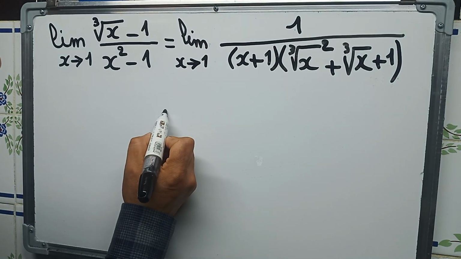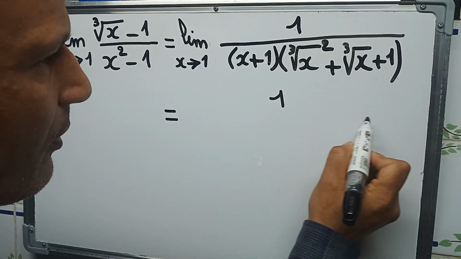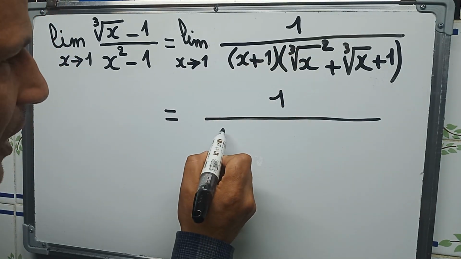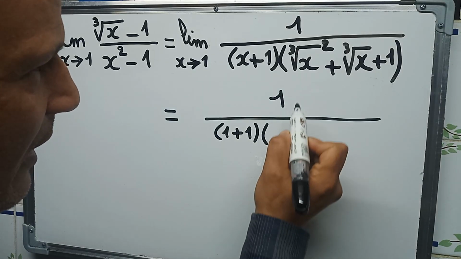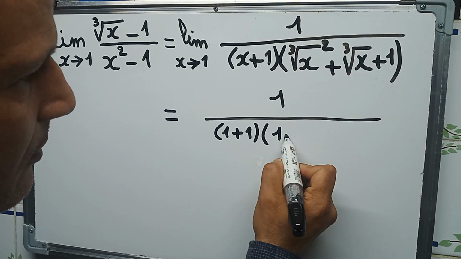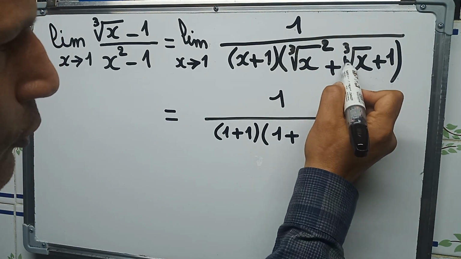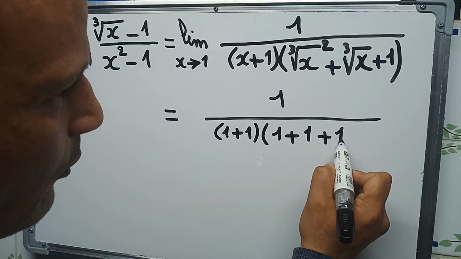So our limit is equal to 1 over (1 plus 1) times (cube root of 1 is just 1, squared is 1, plus cube root of 1 is just 1, plus also here 1).